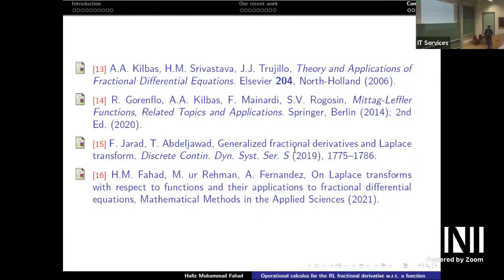And I repeat, this definition of the Laplace transform and the generalized convolution operator had already been studied by some Soviet researchers back in the 1970s or 80s. So this is not a new definition at all. And here in reference number 16, we have discussed the theory and its relationship with the fractional calculus with respect to functions.